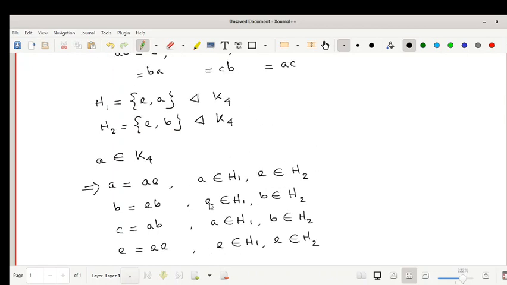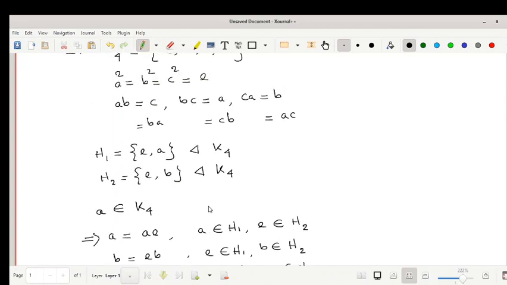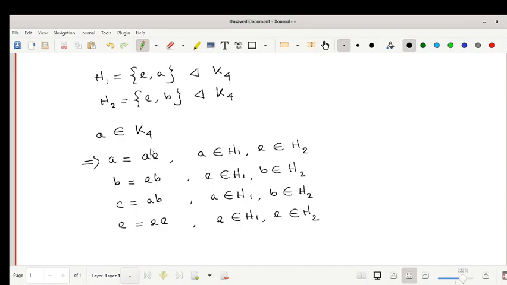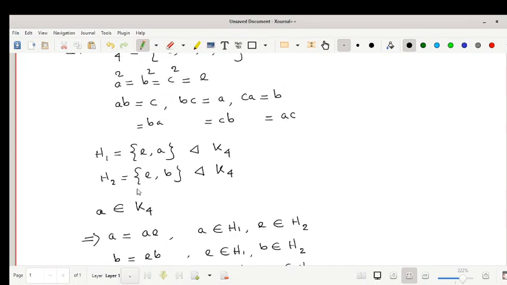If you want to check it by the alternative definition, any element of K4 can be expressed as a product of an element of H1 and an element of H2. And apart from that, H1 intersection H2 is the trivial subgroup {identity}. So definitely K4 is the internal direct product of H1 and H2.